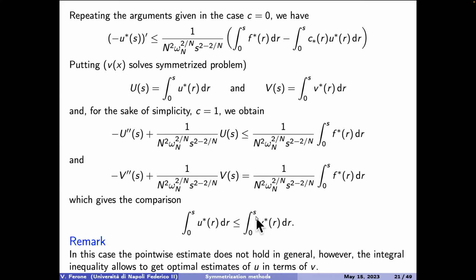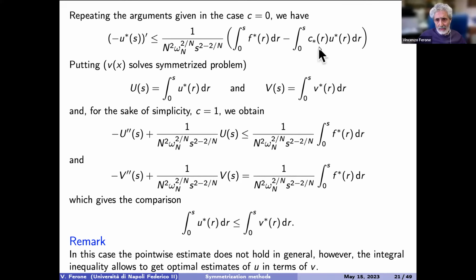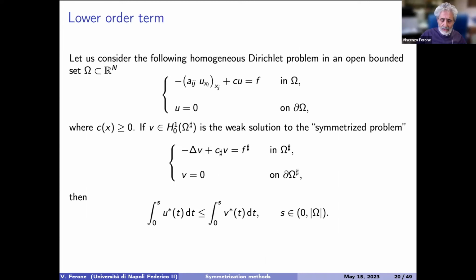And the symmetrized problem contains on the left-hand side also a minus C, which is this one, C minus to the power sharp, but with sharp up.